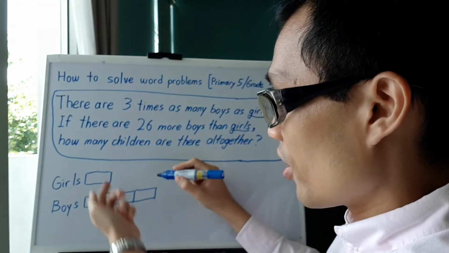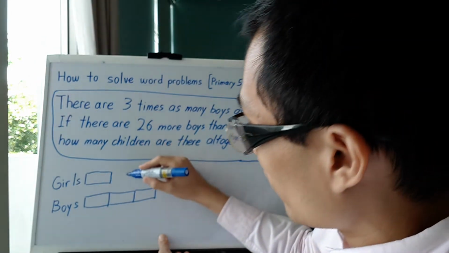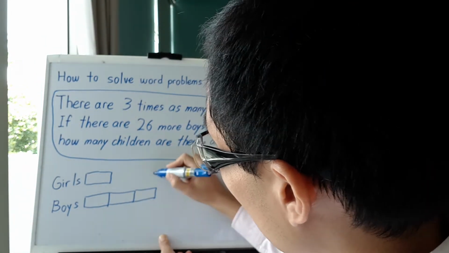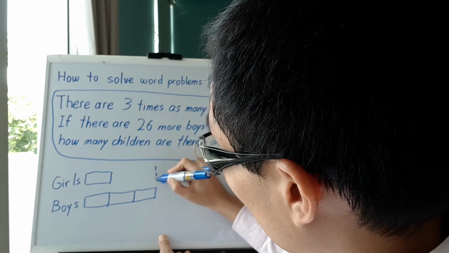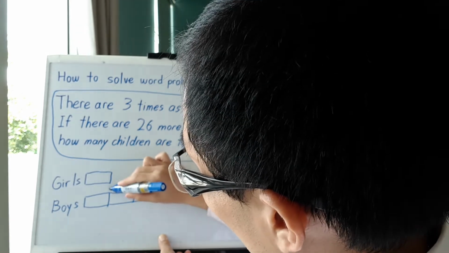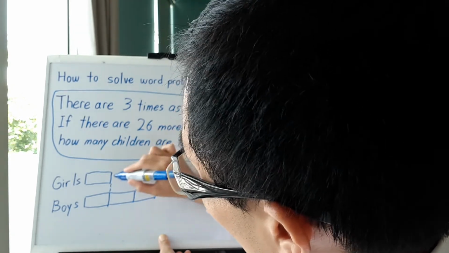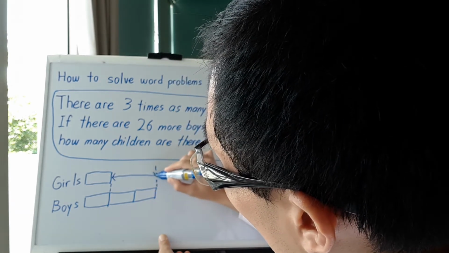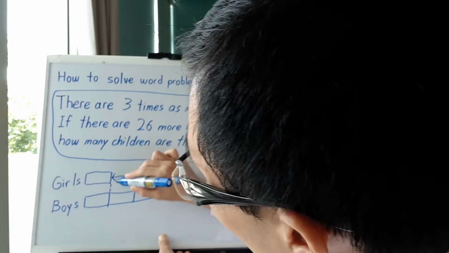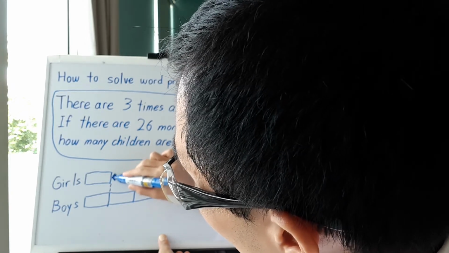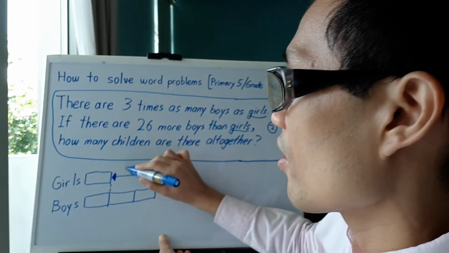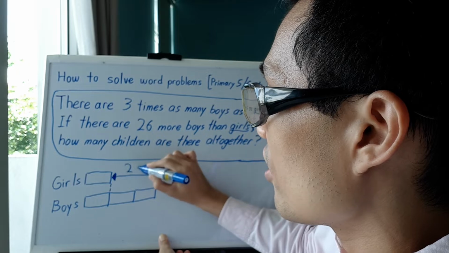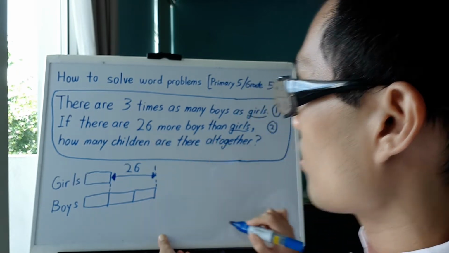So looking at this diagram over here, you will notice that the difference between the number of boys and the number of girls is 26.